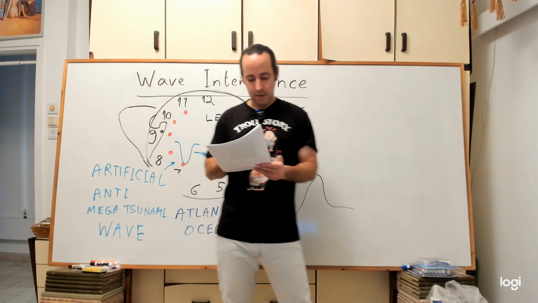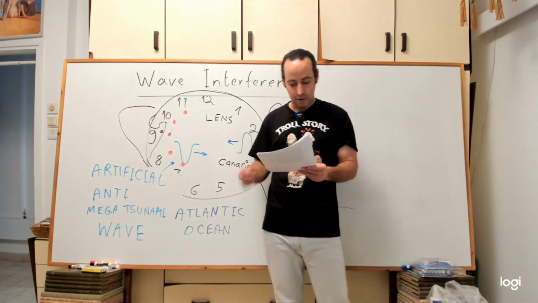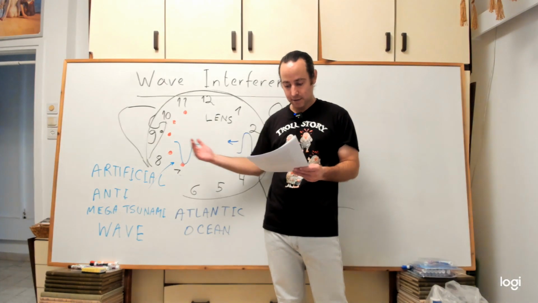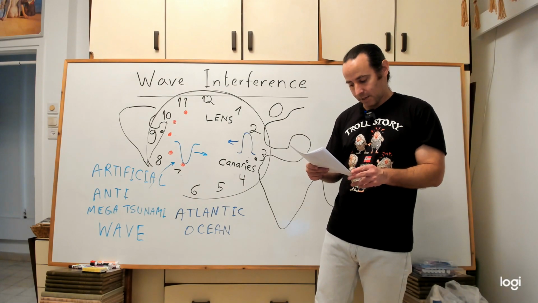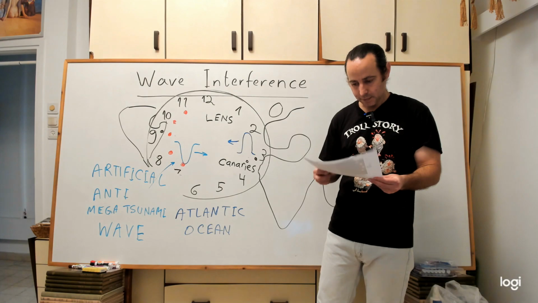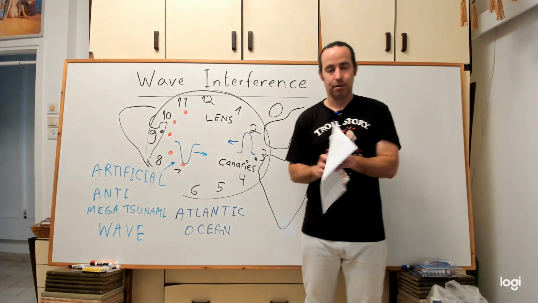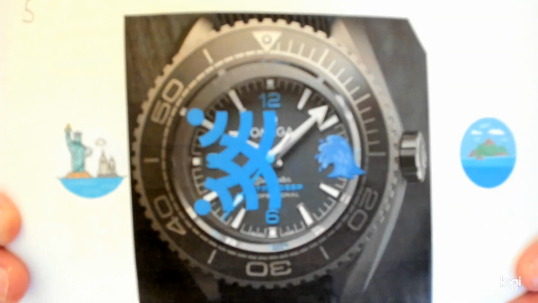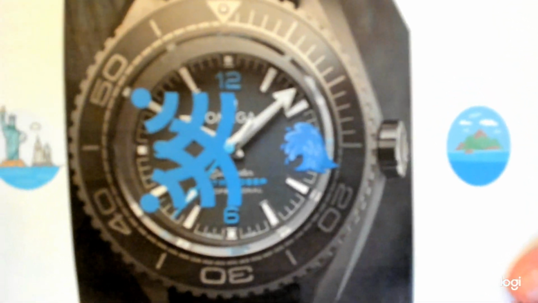Notice also that there is no sense in placing bombs at 12 o'clock and 6 o'clock because they don't contribute to the desired left to right movement of the artificial wave, plus they will just cancel each other out. Okay, so this is step 4. I'm showing you the picture. I hope it focuses.